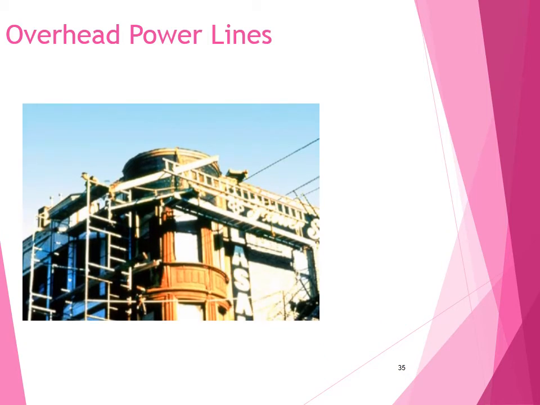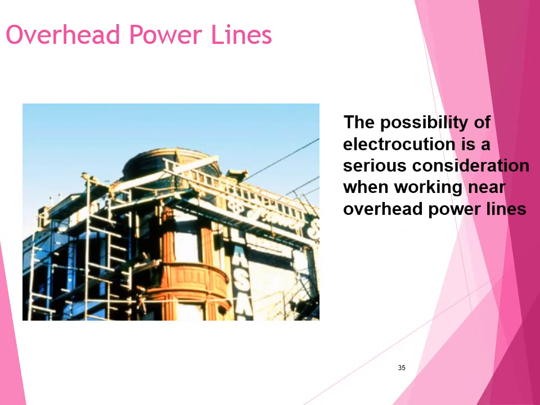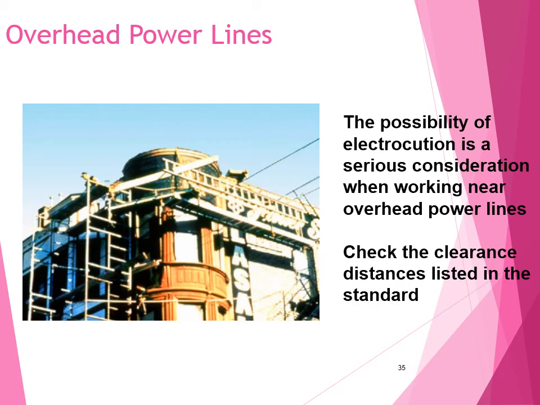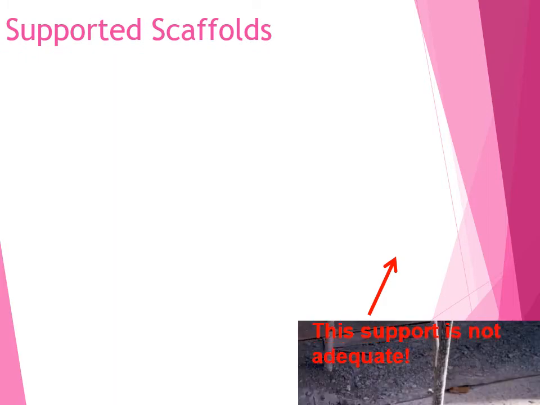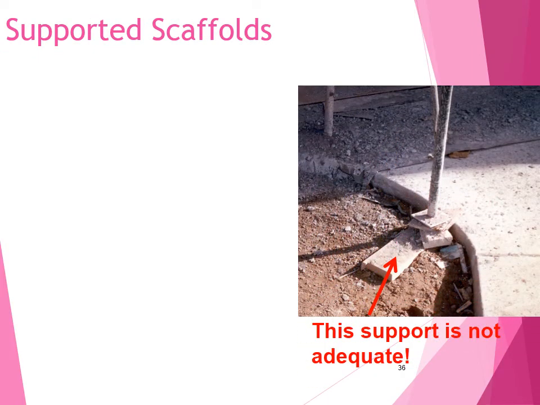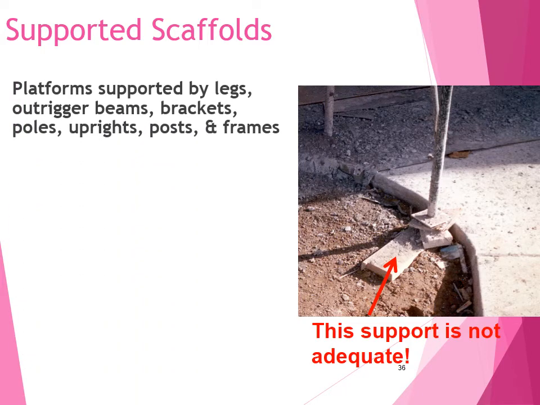Overhead power lines. The possibility of electrocution is a serious consideration when working near the overhead power lines. Check the clearance distance listed in the slide. Supported scaffolds. This support is not adequate as it might give way, as shown in these images.